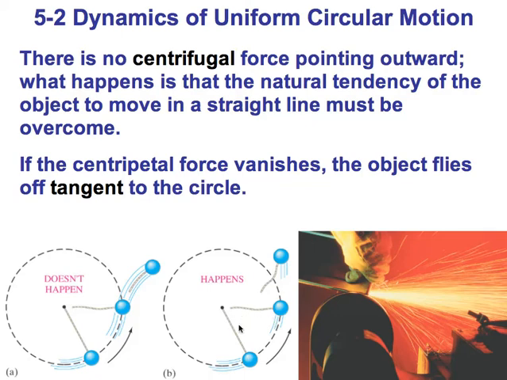As soon as you no longer have a centripetal force, you would continue to move in a straight line. So yes, note this does not happen, right? When your centripetal force is no longer there, you simply would move in a straight line. If your centripetal force vanishes, your object will fly off on tangents.